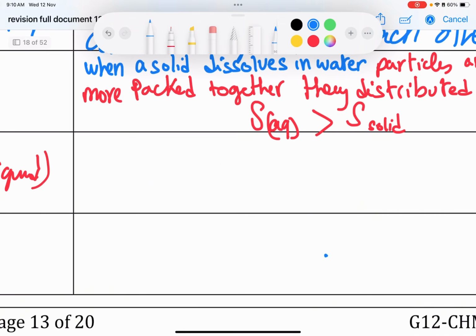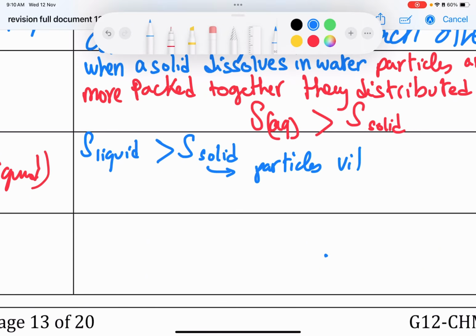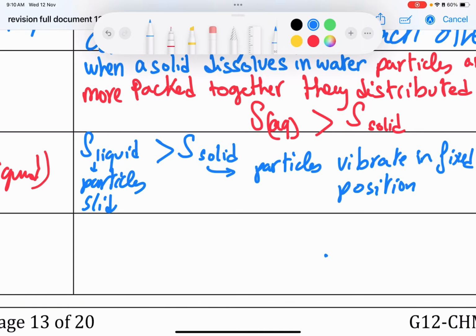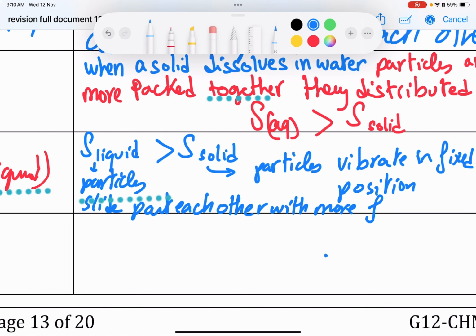Entropy of liquid is always higher than the entropy of solids, because in solids, particles are stacked together, vibrate in fixed positions, so they don't have much space, while in liquid, particles slide past each other. They have more freedom.